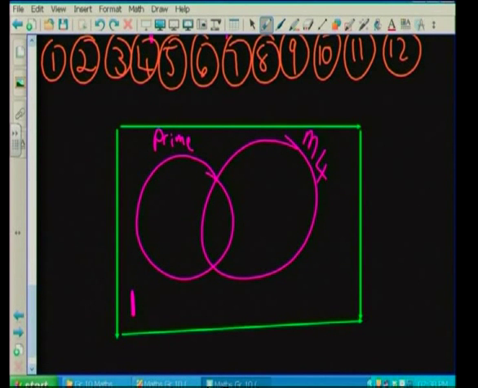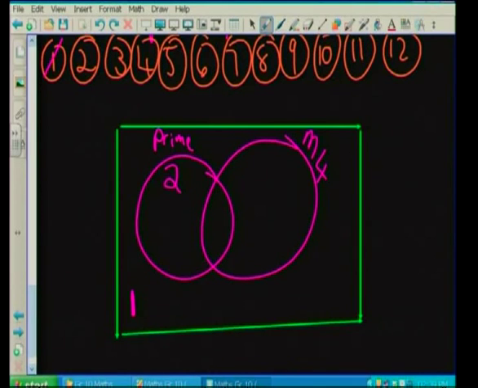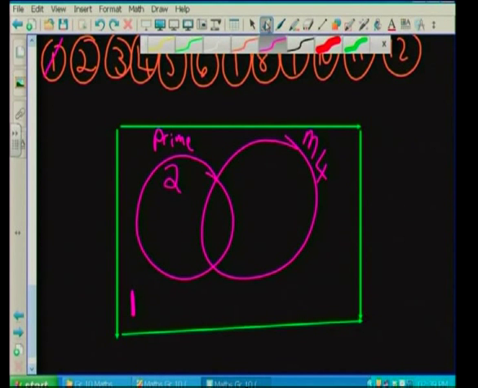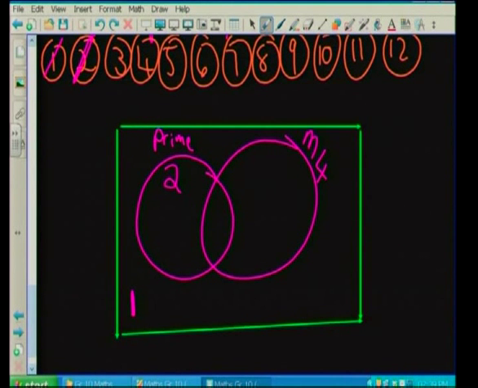Then I have a look at the number 2 and I say, well, 2 is definitely a prime number, but it's not a multiple of 4 because the first multiple of 4 is 4, of course. So I'm going to put 2 over here in my prime numbers, and let's just cross it out. Next number up is 3, and 3 is definitely a prime number. It's not a multiple of 4, so there goes 3.